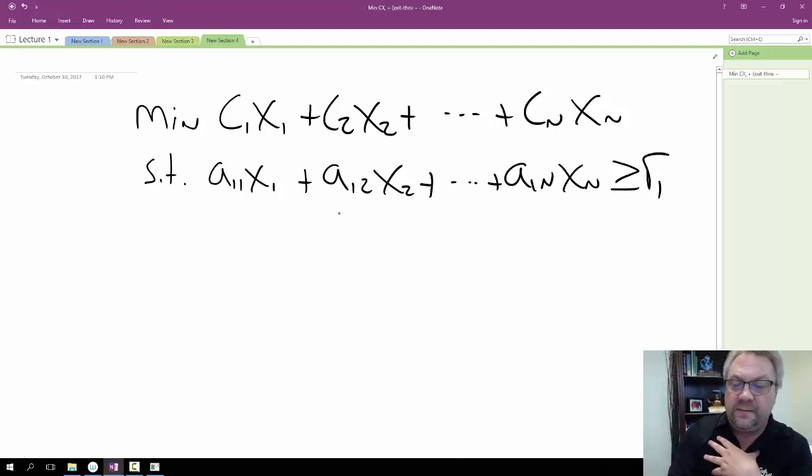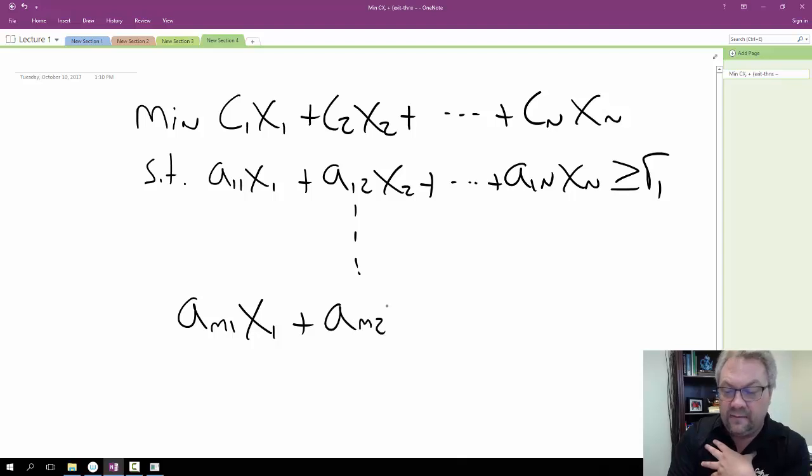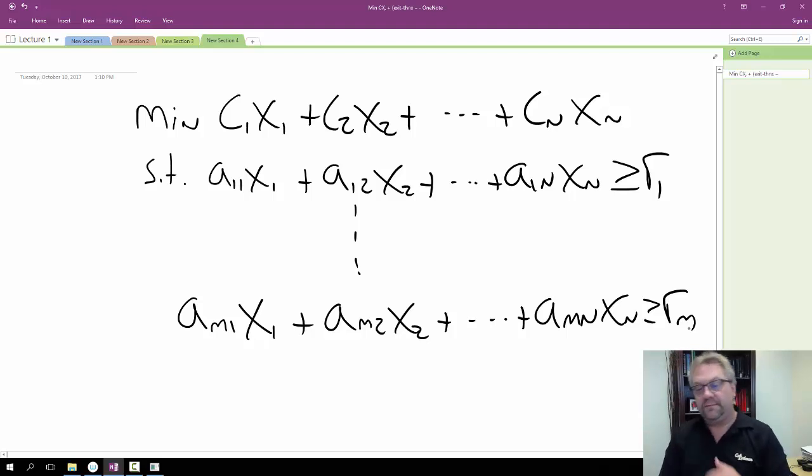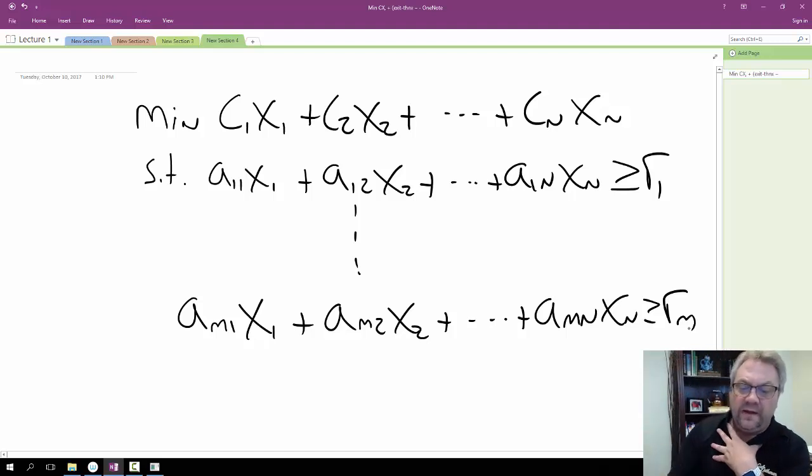And then, of course, we have the same thing. I'm just going to go down here to save a little bit of time. am1x1 plus am2x2 plus dot, dot, dot, amnxn greater than or equal to my mth constraint. All right. And then finally, I still have the non-negativity constraints.